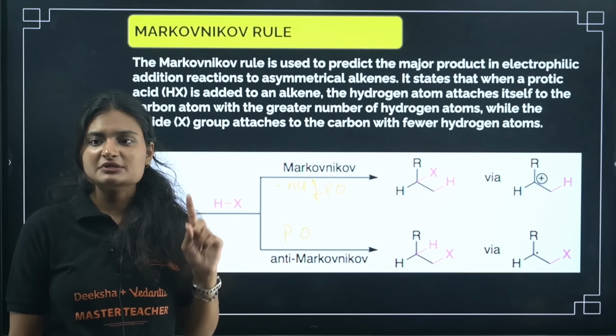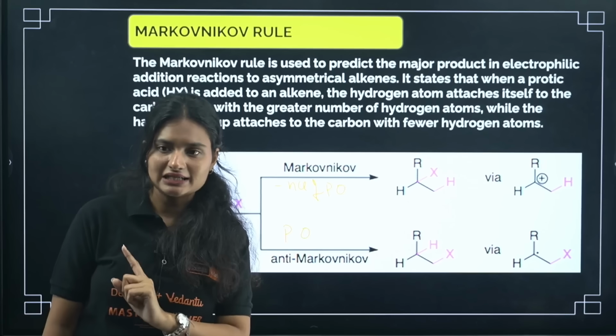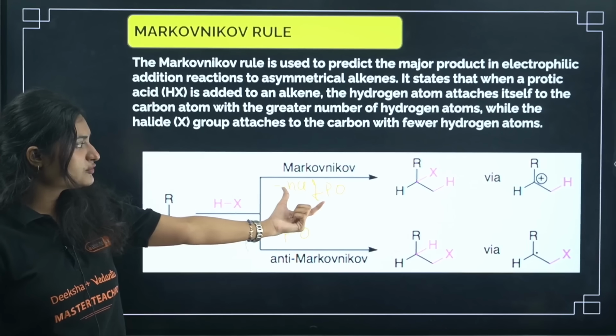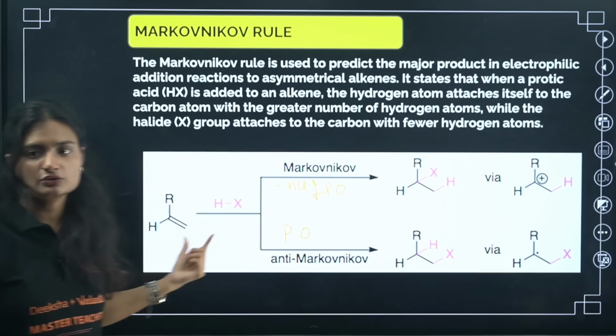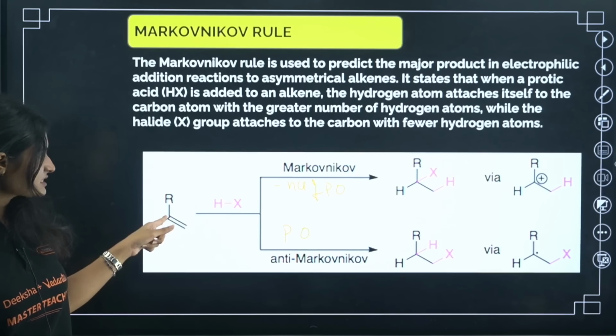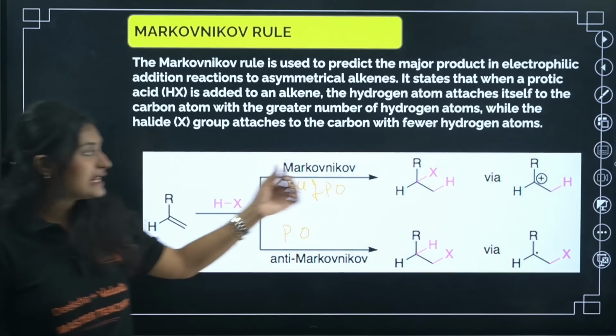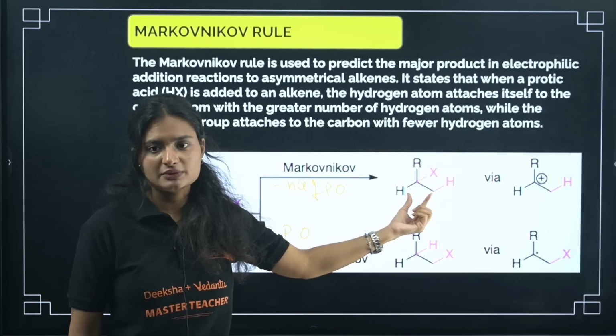The more substituted carbon is the carbon that has more alkyl groups. You have two carbons, this one and this one. This carbon is more substituted, so your halide will attach to the more substituted carbon.